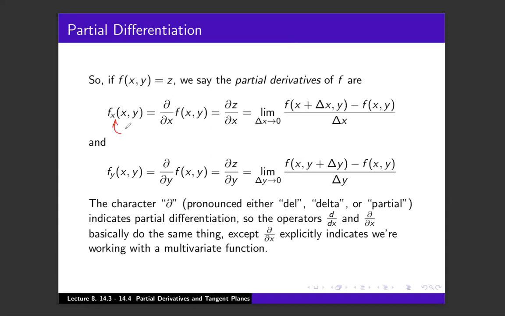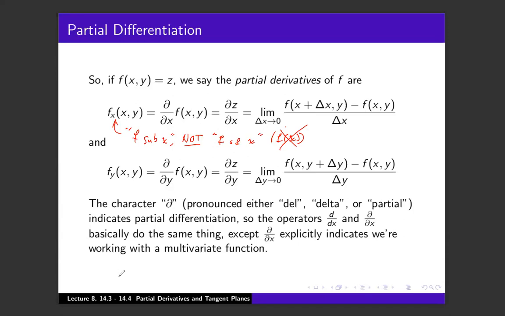This would be read as f sub x, but it's not the same thing as saying f of x. f of x would mean f evaluated at x, but that's not what's going on here because f is a two-variable function. So you can say f sub x of (x, y), or just f_x is okay too. And that's also written as del f over del x.